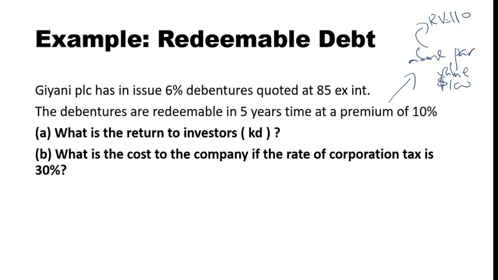Now, what is the return to investors, KD? This is the pre-tax return. We have been told that the cost of redeemable debt is equal to the IRR, that rate which gives us the NPV of 0.